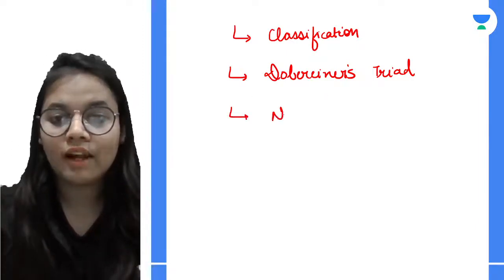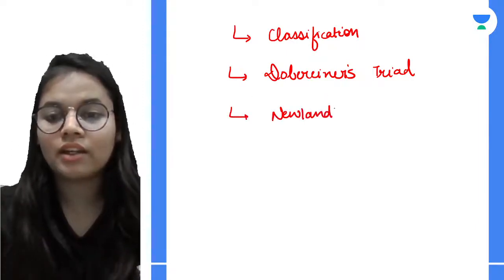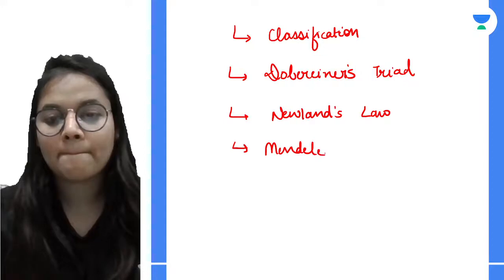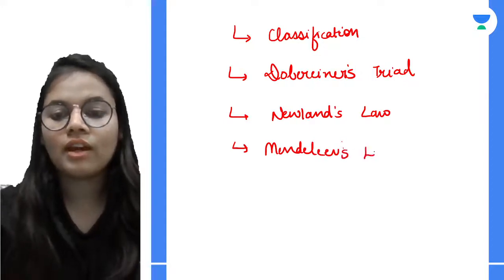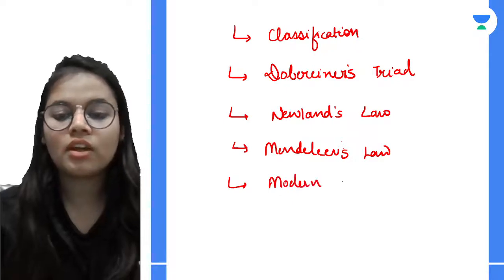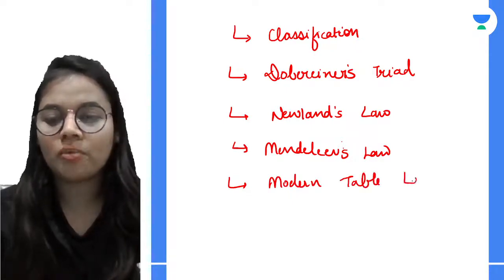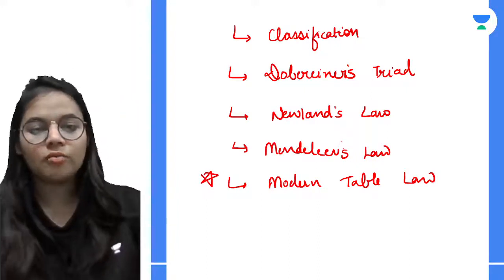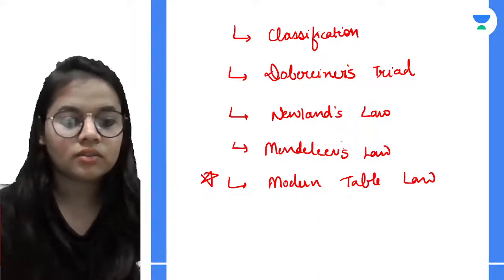Next was Newlands' law, again merits and demerits. Then we have Mendeleev's law, and at the last it is the modern periodic table. This is the topic that we are going to cover in today's class. I hope that is very much clear.